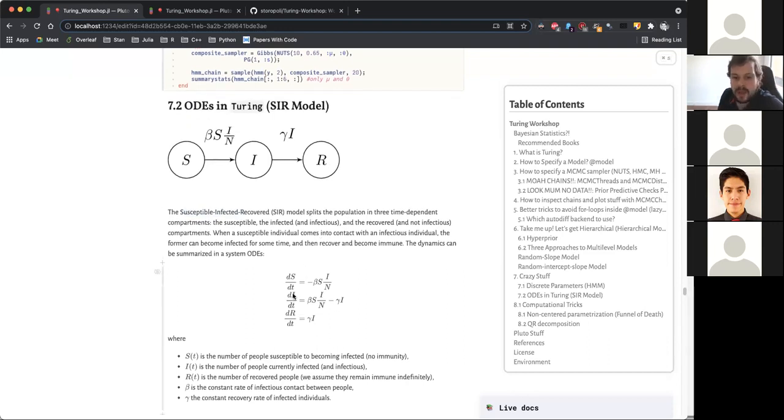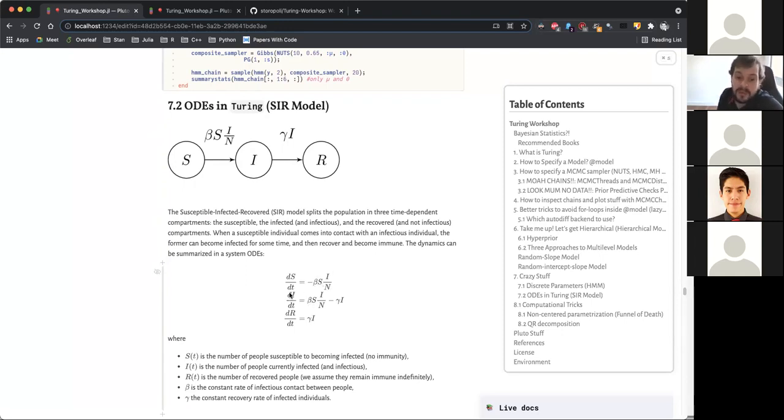The whole dynamics of the model is governed by a system of differential equations. The susceptible varies with the fraction of infected in the whole population, with beta, the contamination rate, and the constant rate of infection contacts, negative, multiplied by the number of susceptibles.